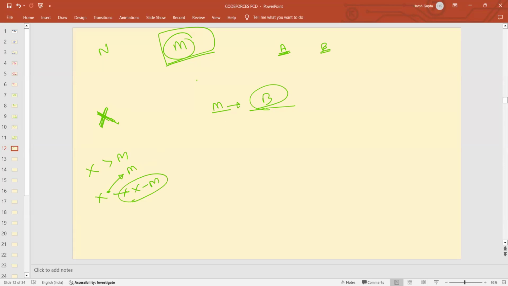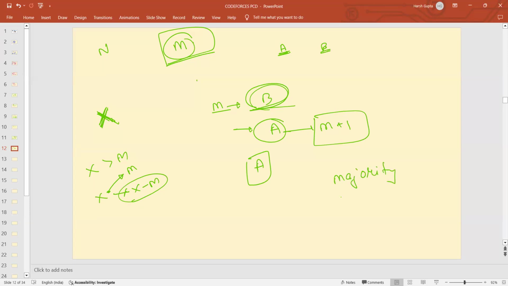They will tell me, okay, go to A. But how many of these people at least do I need who will tell me to go to A? m plus 1, isn't it? Because m people already told me B. Once I get A in majority, only then will I start going to A, because I will listen to the majority of people. So I will need at least m plus 1 people telling me to go to A.